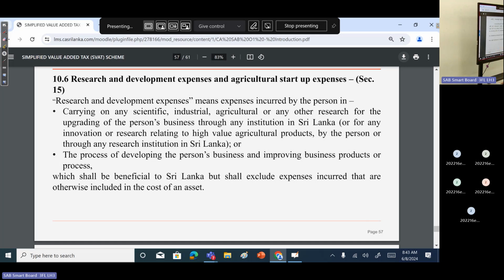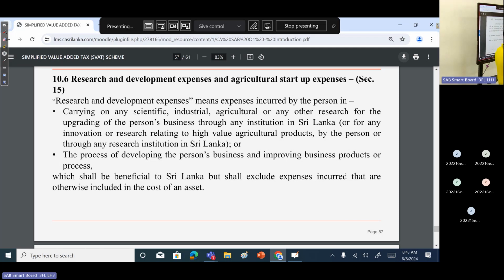It says again that it shall be beneficial to Sri Lanka, but shall exclude expenditure incurred that is otherwise included in the cost of assets. First thing, it should be beneficial to Sri Lanka. That's what I mentioned, that it should give some benefit to our economy, right? So it says shall exclude. That means this type of thing we cannot deduct, that is otherwise included in the cost of an asset.